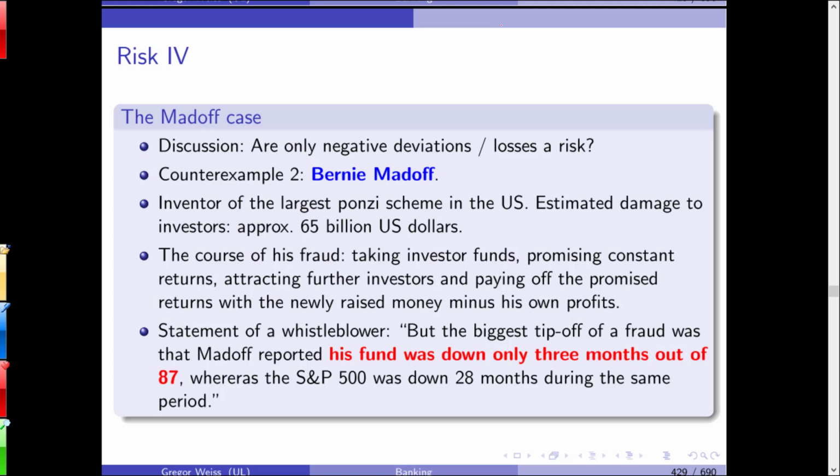Next year, I will pay out 10% to each of you, and at the same time, I will report this 10%, and another set of students will come to me and say, wow, you're paying out 10% return. Here are another 10 million euros, and another set of people will invest in my fund.